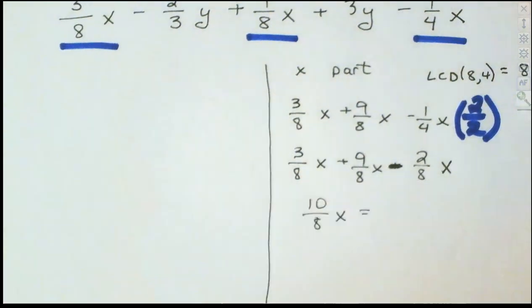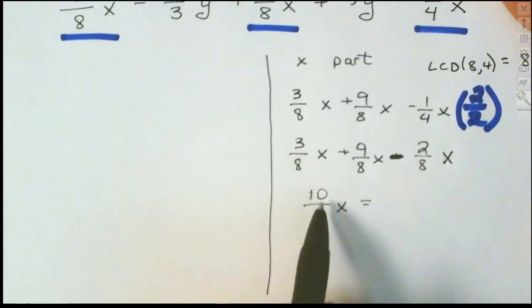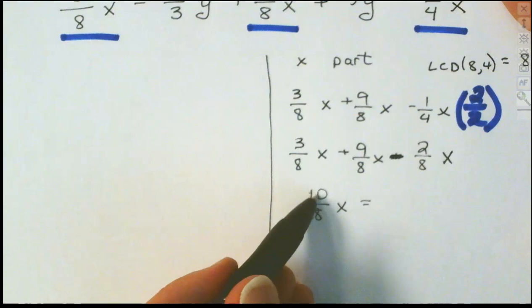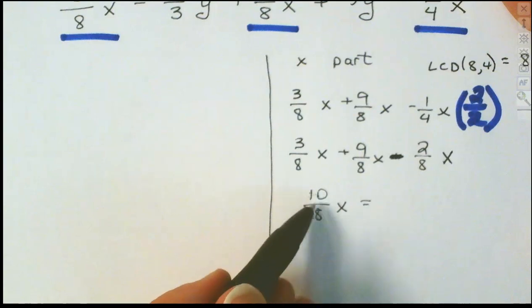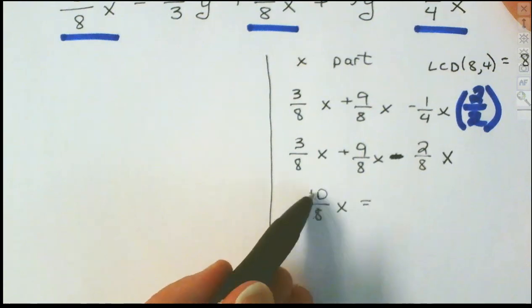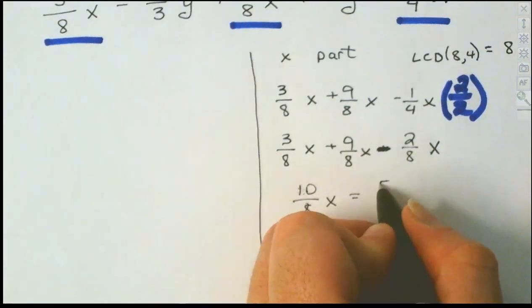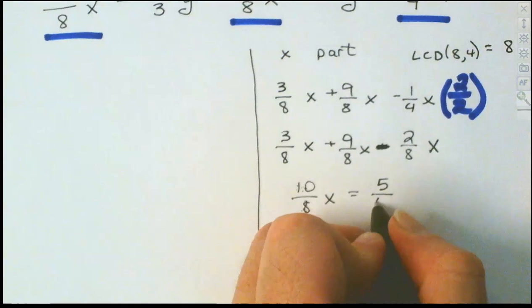And what does 10/8 x reduce down to? Can someone tell me? Or keep it as an improper fraction. What about the 10 and the 8? Can those reduce down? What do they have in common? They have a 2 in common, right? So I could reduce that down to be a 5/4 x.